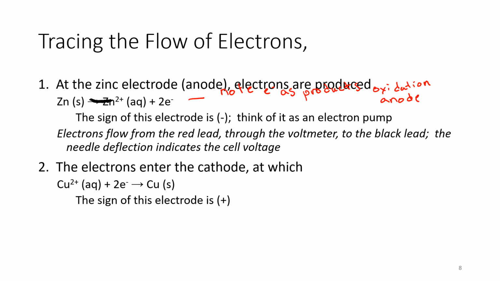And again, in this case, note the electrons as reactants. Reduction, right, which happens at the cathode. And we say that the sign of this electrode is positive.